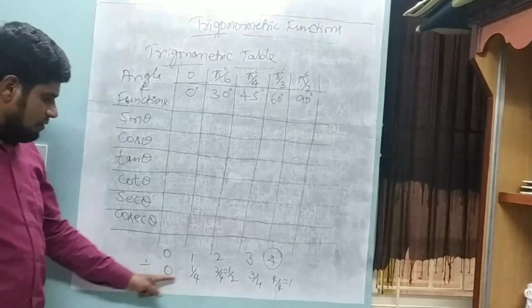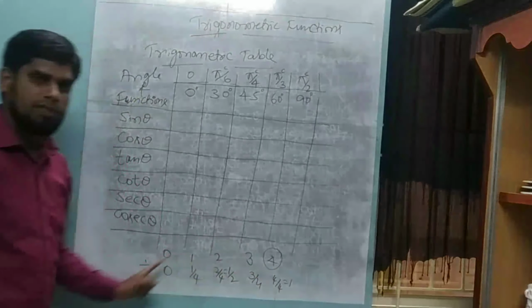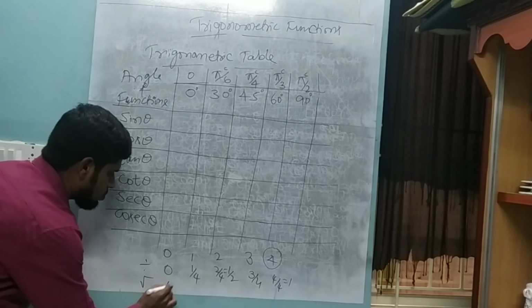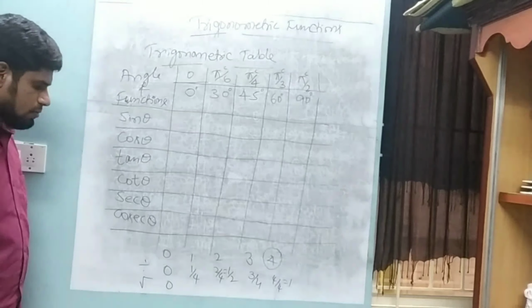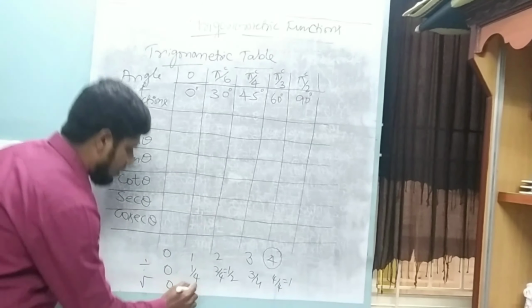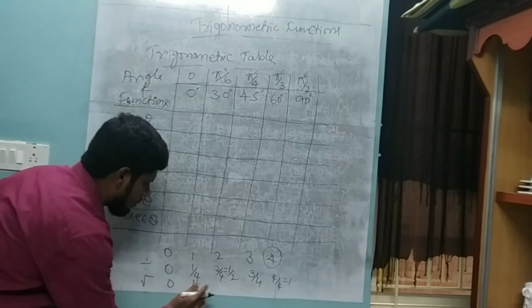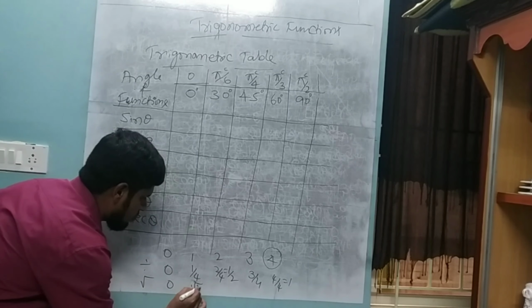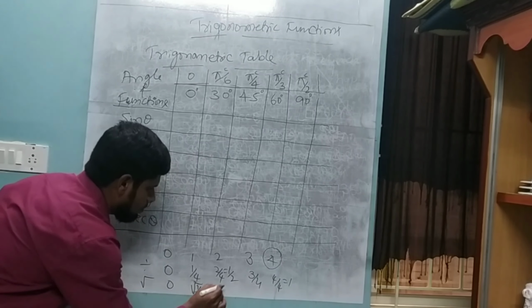Now after this, whatever values I got, I should take the square root of these. 0 square root is 0. Square root of 1 by 4 is 1 by 2.